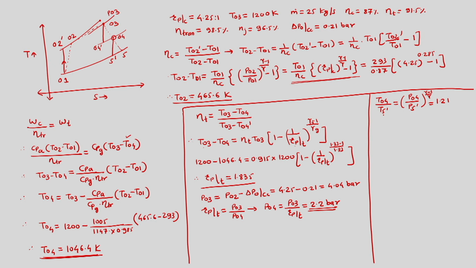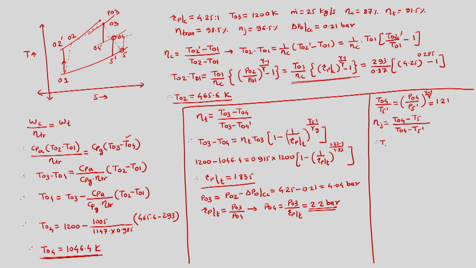Here our objective is to find T5. Once T5 is known, we can find the value of the exit jet velocity. But before that, we should know T5. From this we can now know T5 dash. T5 can be found from the nozzle efficiency, which says (T04 minus T5) divided by (T04 minus T5 dash).